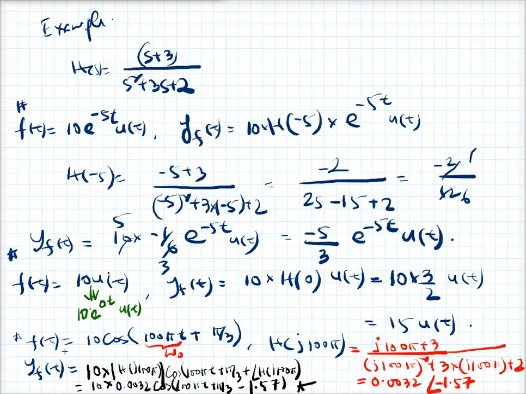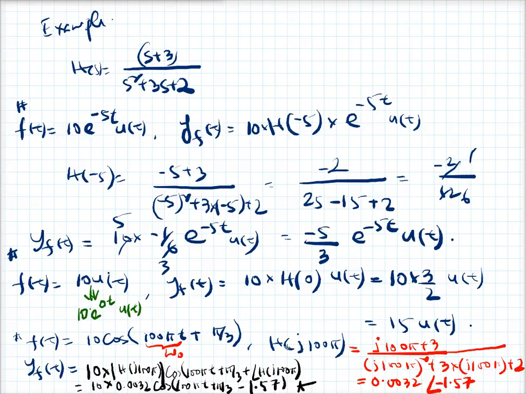So the third case, when you have a cosine sinusoidal input, the output will also be a sinusoidal with the same frequency, but now the system will have a phase, and also a gain factor coming from the transfer function, where you replace s by jω₀.